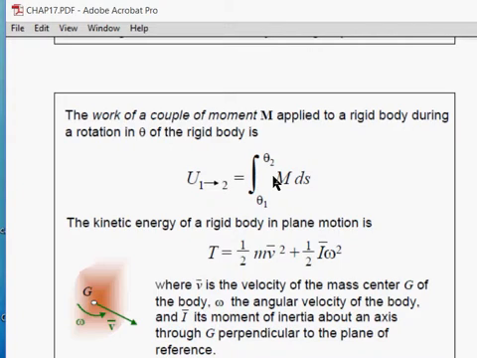So if you calculate the kinetic energy, it's going to be 1/2 of mv squared for the translation plus 1/2 of I omega squared for the rotation. Right?